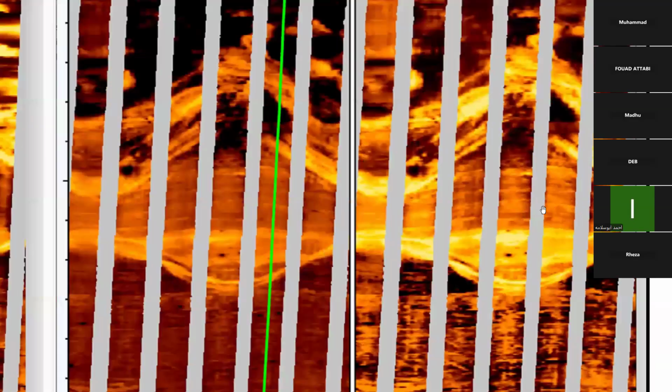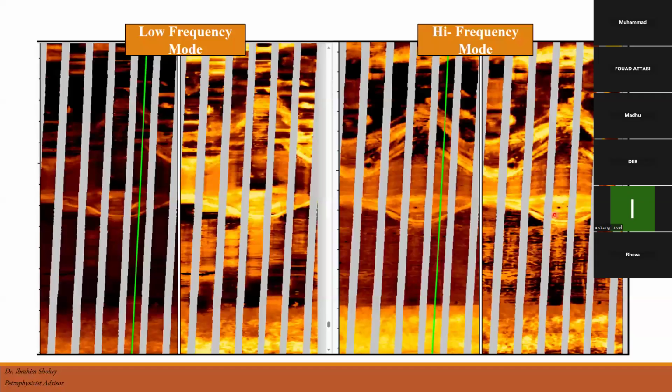It is more precisely sharpened or enhanced and can be picked correctly in this mode.